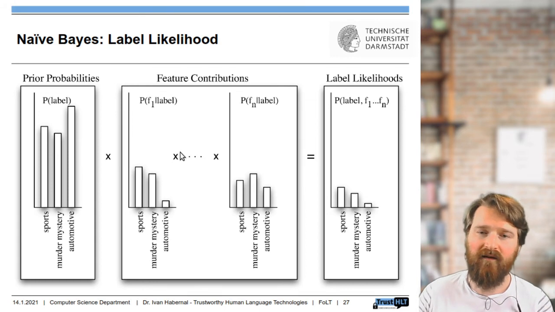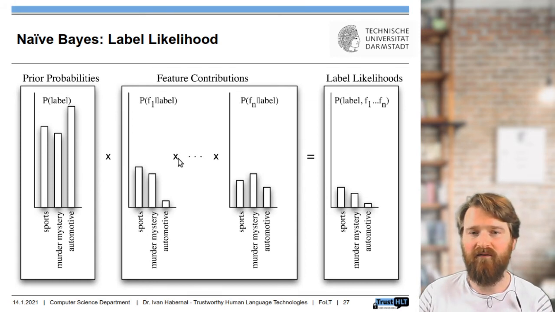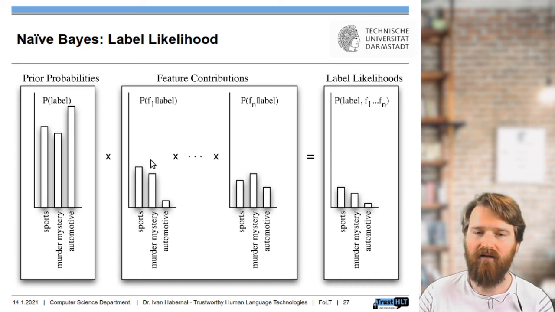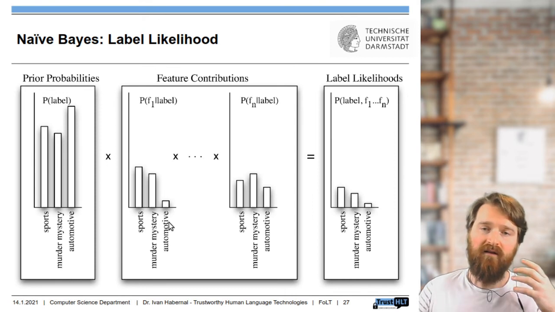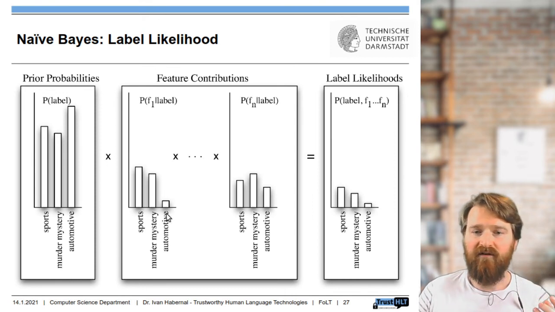But then we look into this document, and we have several features, 1 to n, and for each feature we will compute a likelihood of the feature given the label. We repeat it for each label because we want to get a label distribution after seeing all these features.